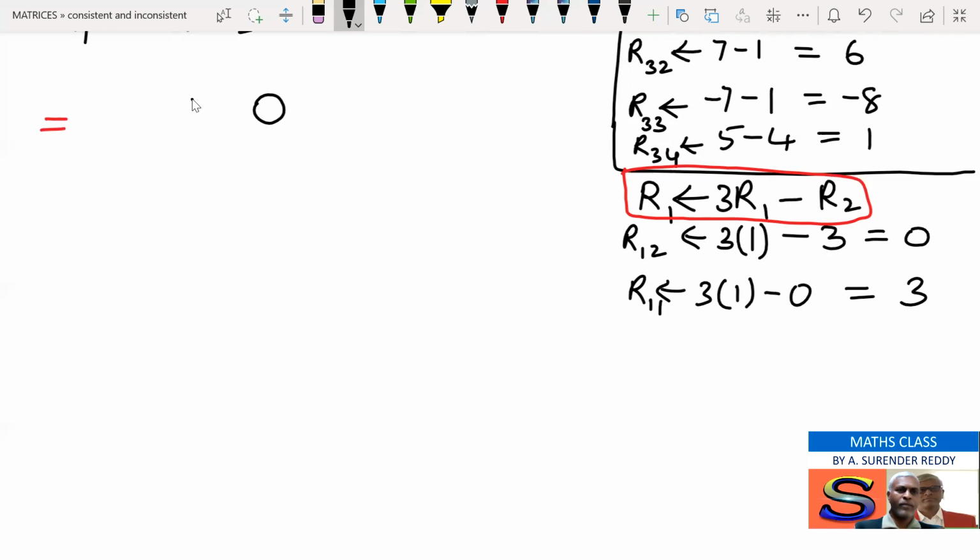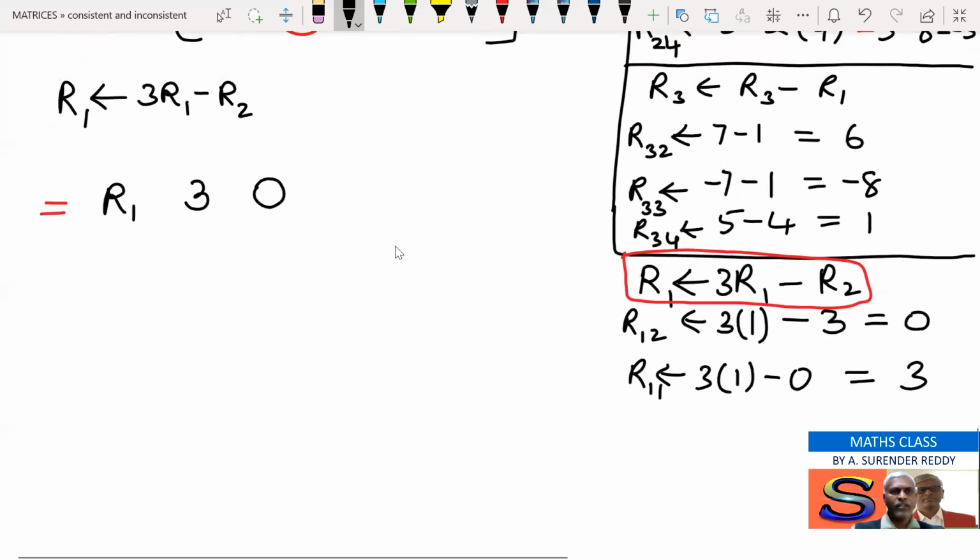So the first element becomes 3. This is R1. Applying the formula 3R1 minus R2.